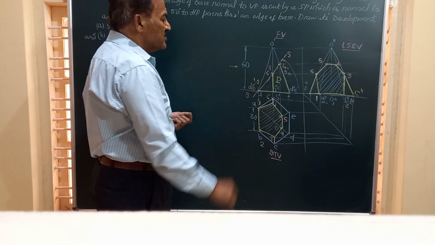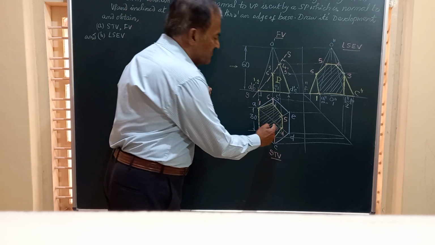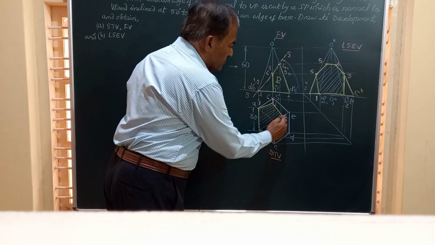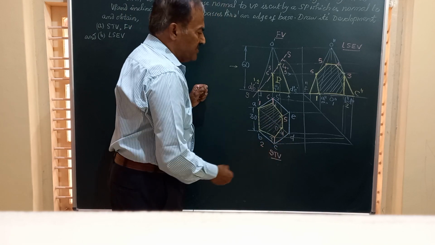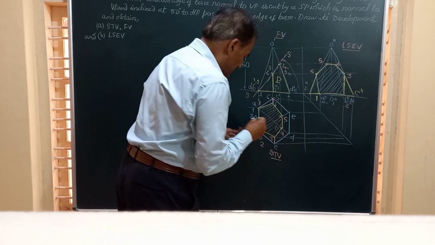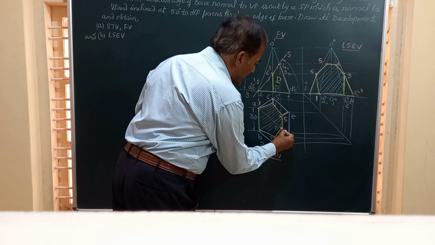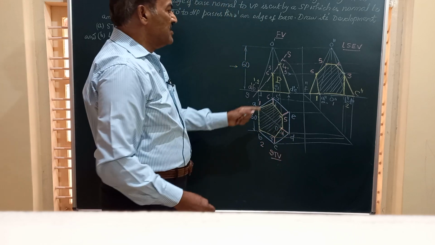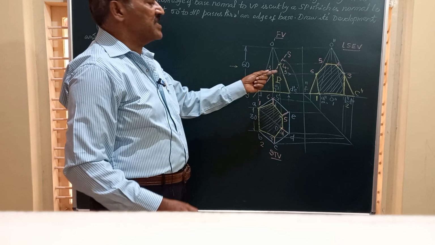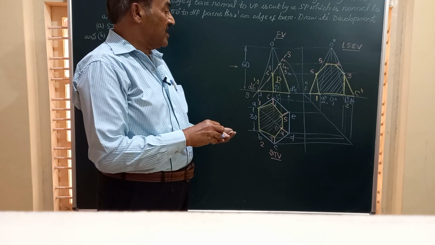And if you observe this figure, friends, none of these edges like OA, OB, OC, whatever it may be, are parallel to the XY. Since they are not parallel to XY, none of them give the true length in the front view. So what is to be done?